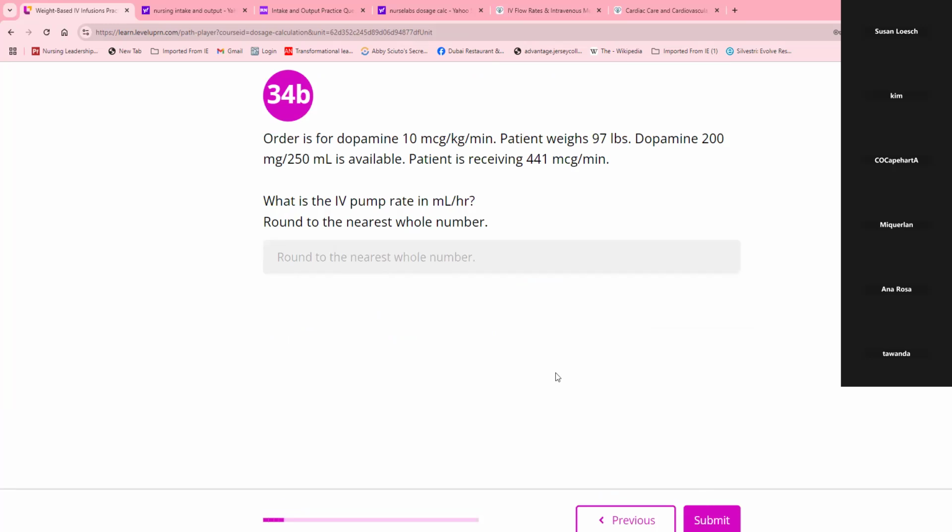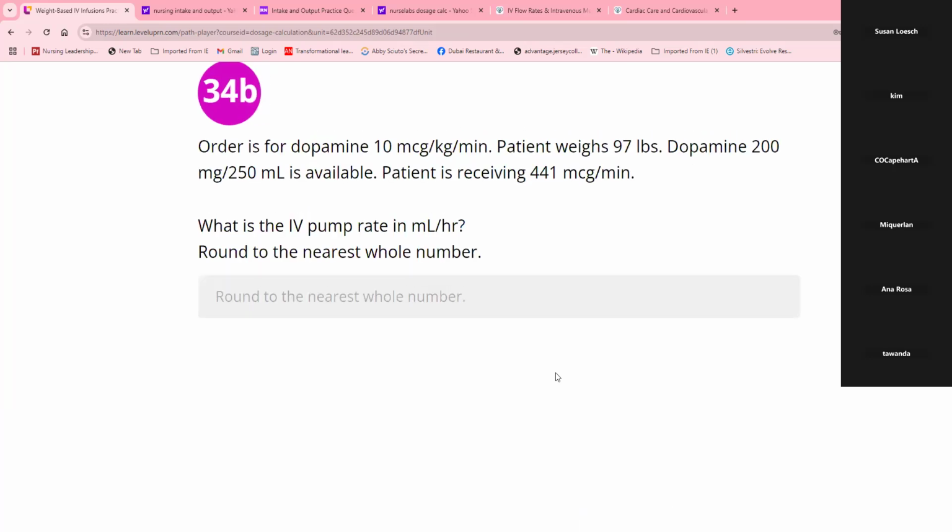So my question is, I see that with this one, we don't even touch the 200 milligrams, because on the other ones we had to convert. Slow down, one step at a time. Here's the next question. What is this question asking you?